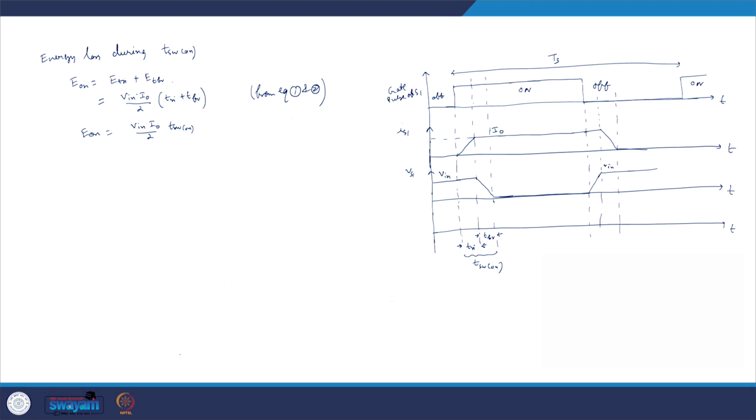Now, since we have calculated our E switch on, if we look carefully, in one switching period Ts our switch turns on, and then it turns on again only in the next switching period.